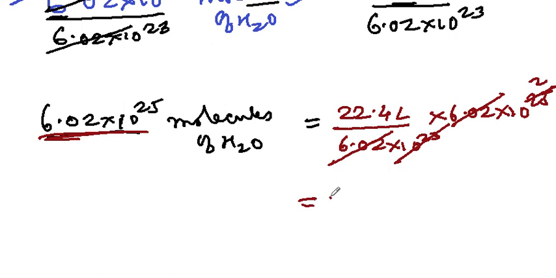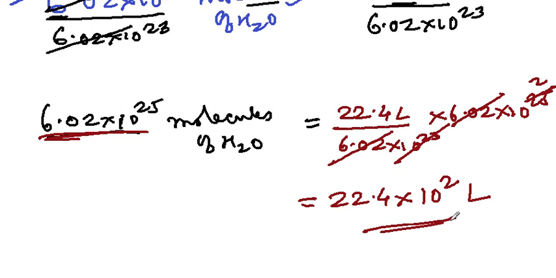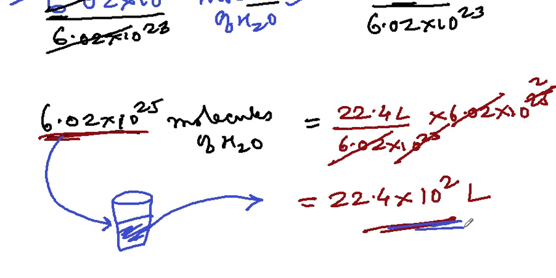So our answer comes out to be 22.4 into 10 to the power of 2 liter. This is the volume of water that we are going to consume. So this is the water which had this many molecules, and what we understand is if it contains this many molecules, its volume will be this much. Okay, it's very much relatable.